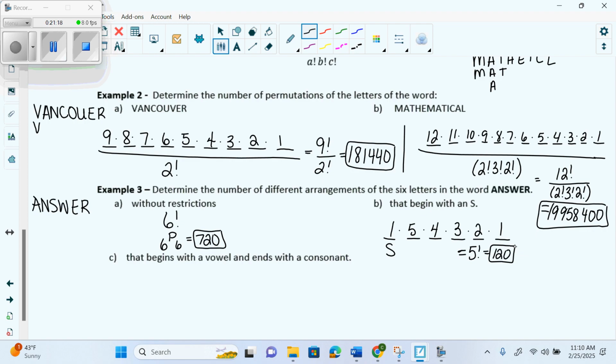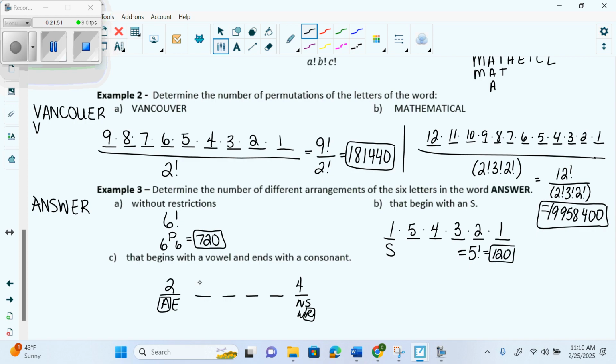Begins with a vowel and ends in a consonant. How many vowels do we have? 2, A and E. We have to box and hold because it's a word. Consonant, we have 4: N, S, W, R. Then how many do we have left for the middle?